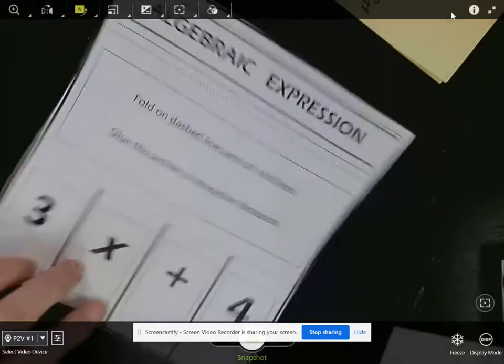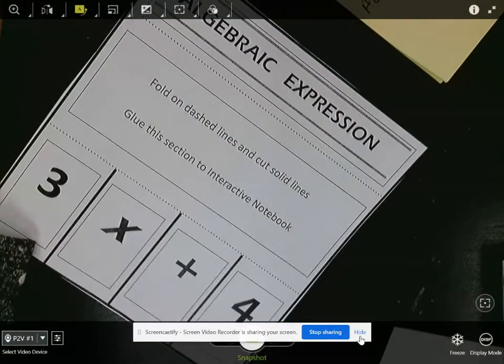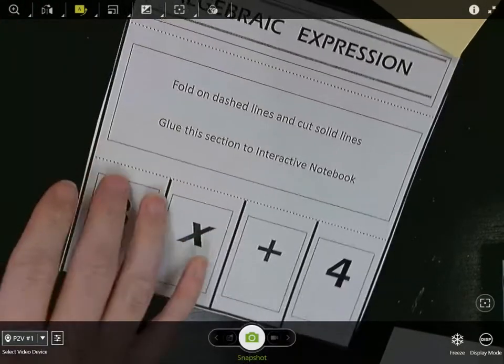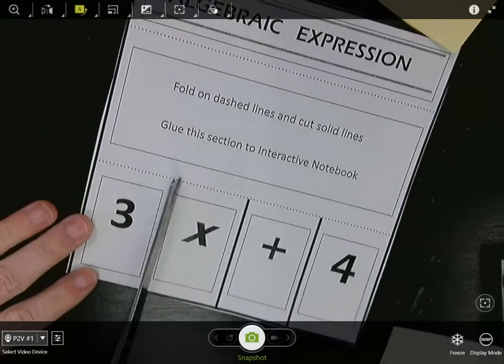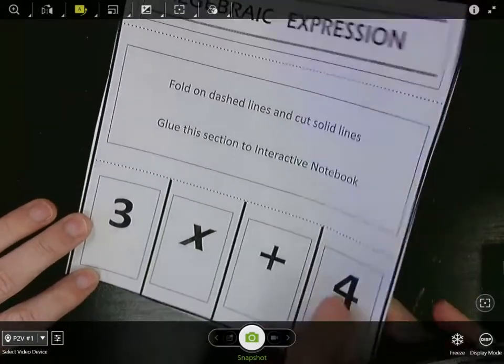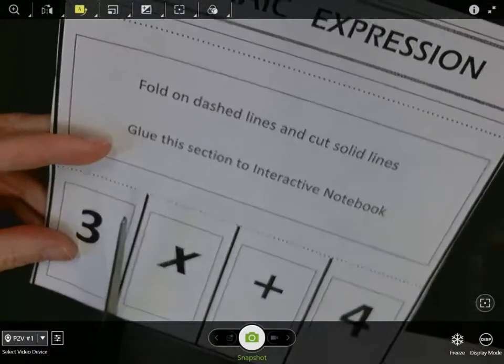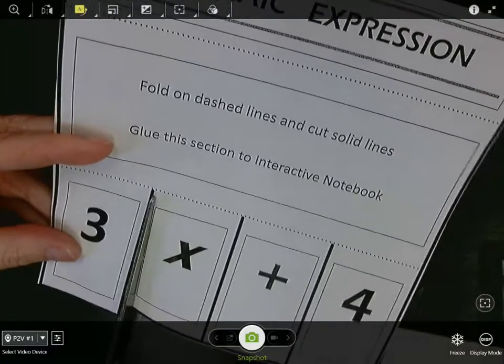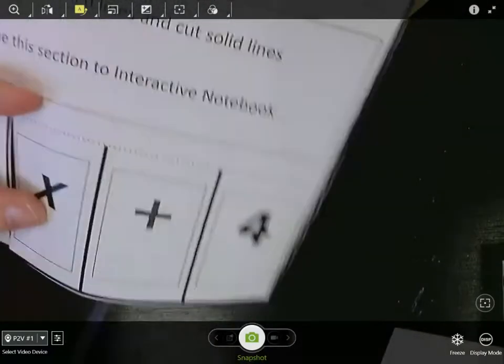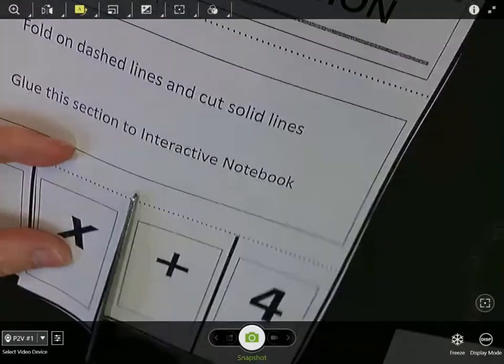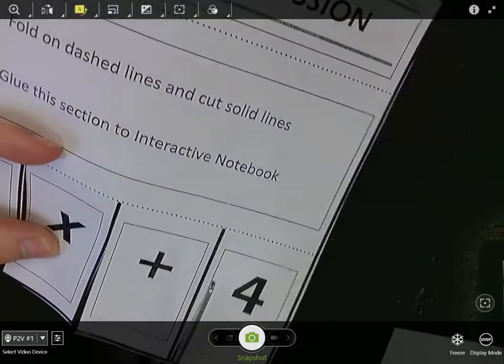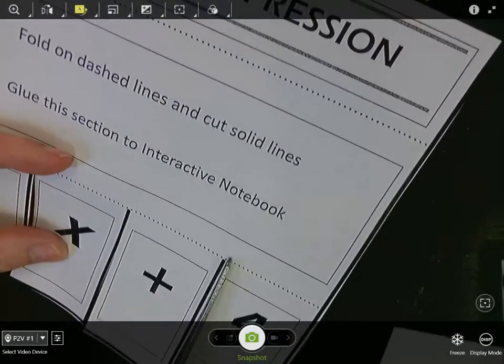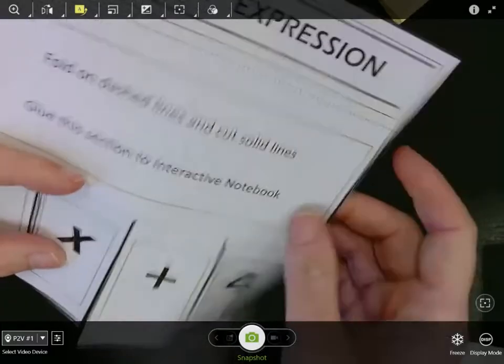So when you're done cutting, it should look like this. And then I need you to cut along these bold lines here, but only along the bold line. Do not go all the way through. Okay. And then it says fold on the dashed lines.